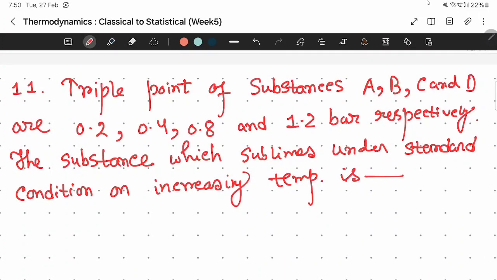Okay, A, B, C, D, and the triple point of all substances are given, and they have asked, at standard condition, STP, which substance will sublime. Okay.